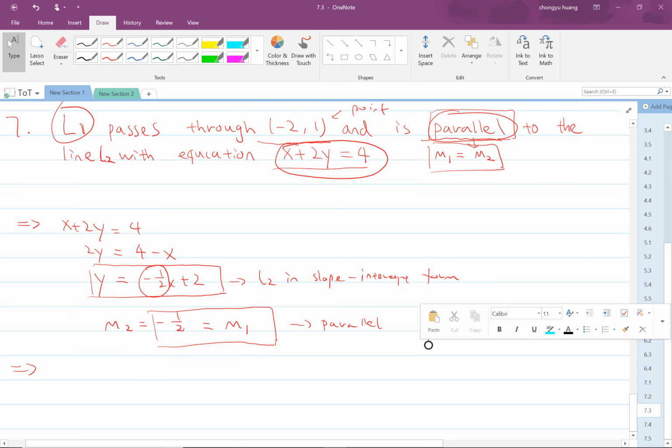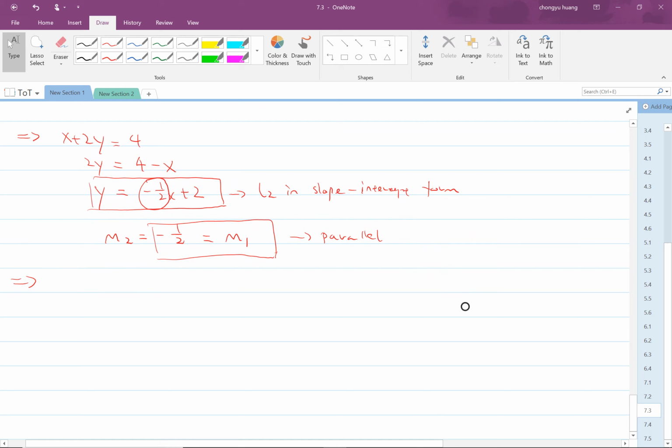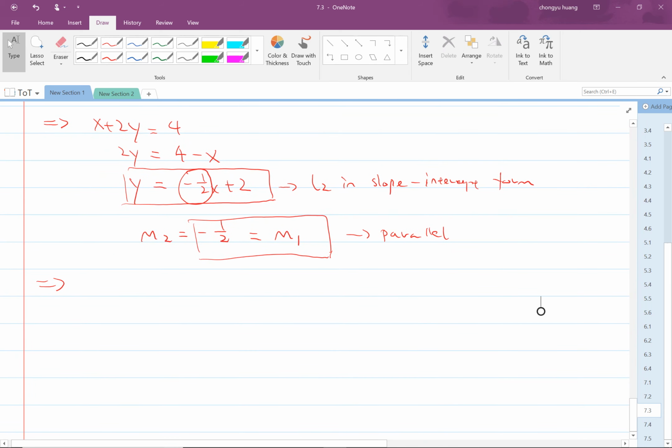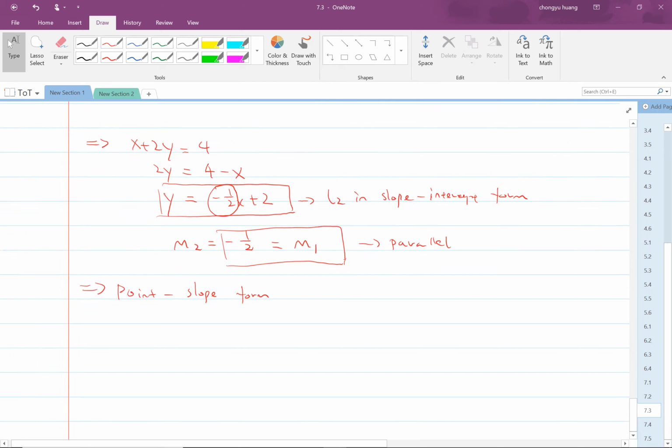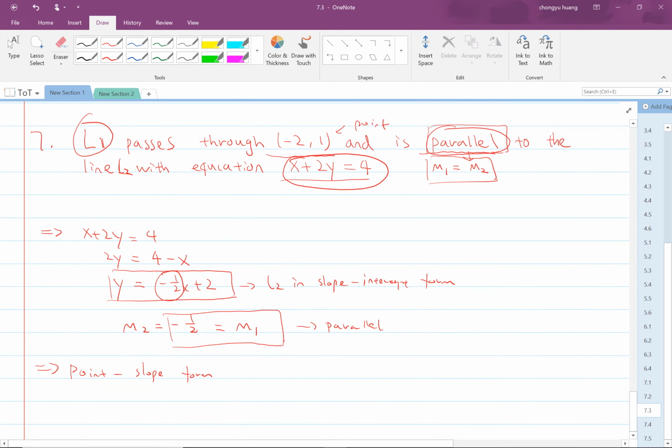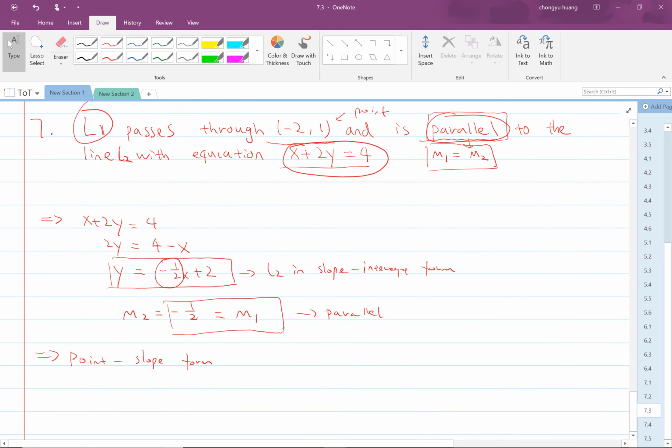So it is the best way for us to use the point slope form to find L1.